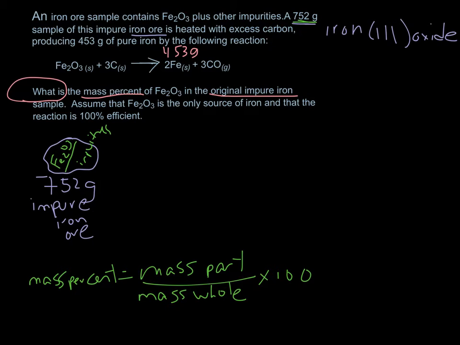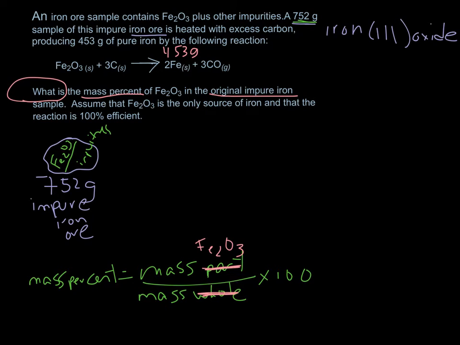So the part that I'm interested in is the mass of the iron 3 oxide. The mass of the whole is the mass of the whole rock. I'm interested in what is the mass of the pure iron 3 oxide relative to the mass of the whole sample.